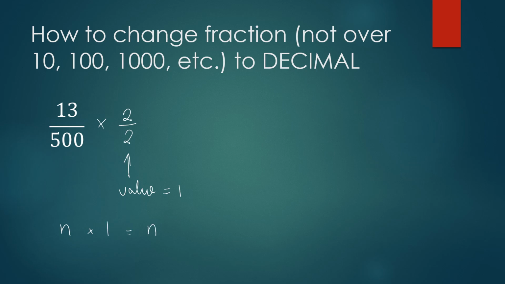So when we multiply 13 over 500 by 2 halves, we simply make it higher terms, but the value of that number is retained. So 500 times 2 is 1000. And then 13 times 2 is 26. So we have here 26 thousandths, and we write it as decimal 0.026. This is the thousandths place.